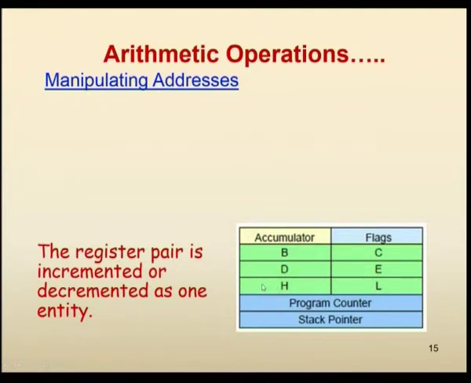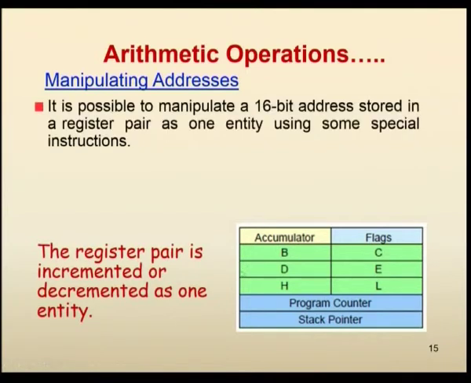These register pairs can also be treated as a 16-bit number, and it can be incremented or decremented. So, instead of treating them as 8-bit numbers, both can be taken as a single 16-bit number.